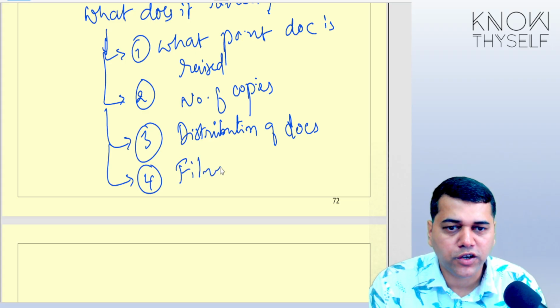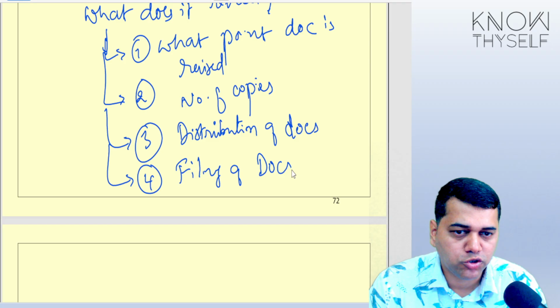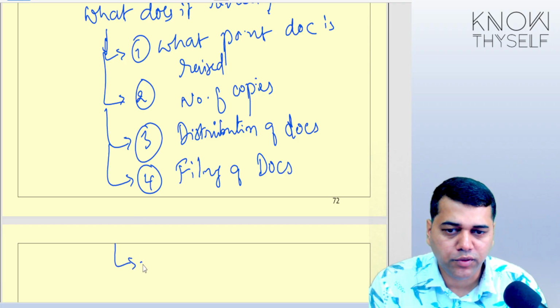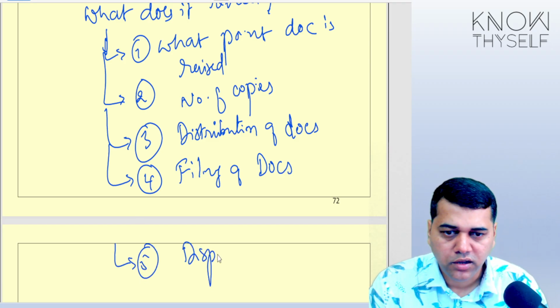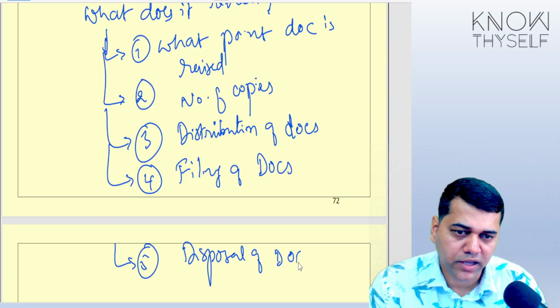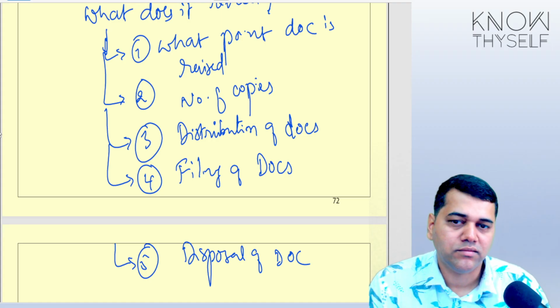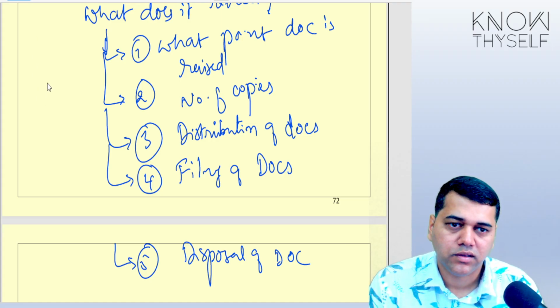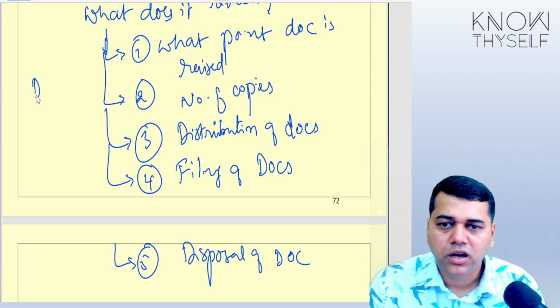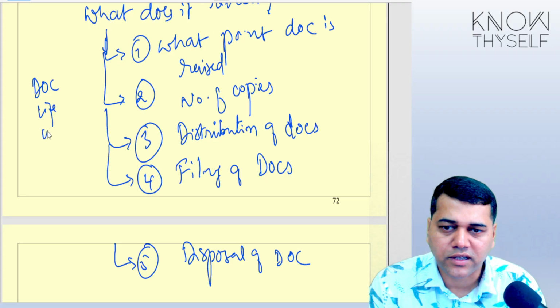Filing or storing of the documents, where it gets stored. And the fifth one, disposal of documents. Okay, how to remember it is very easy. Document life cycle. You remember something called a document life cycle.